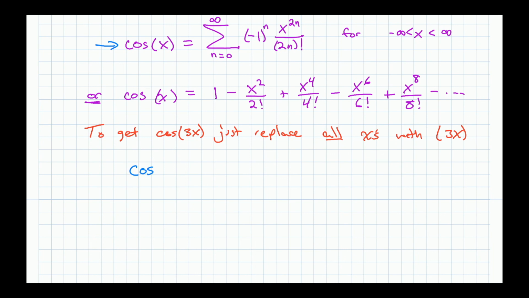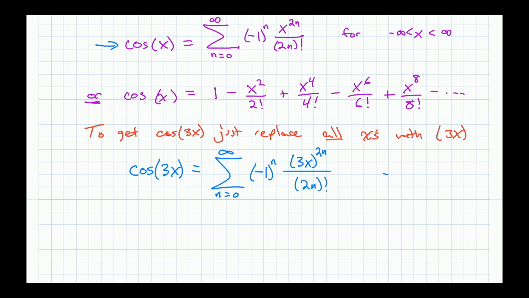Cosine 3x is going to be, and you just write it out again exactly the way it is. You just replace all x's with 3x. So instead of x to the 2n, it's 3x to the 2n over 2n factorial.